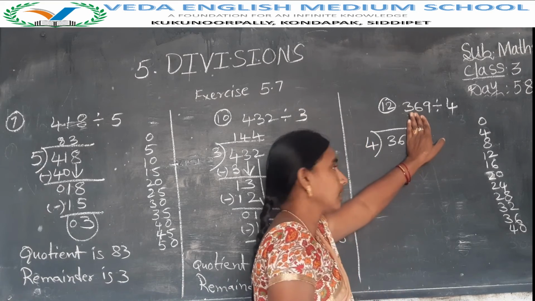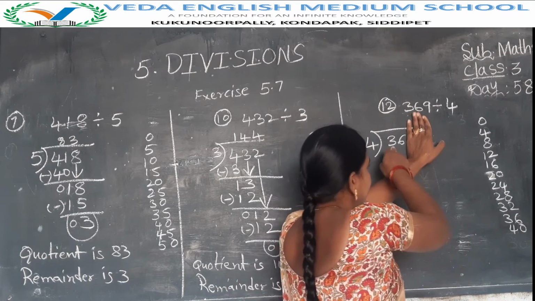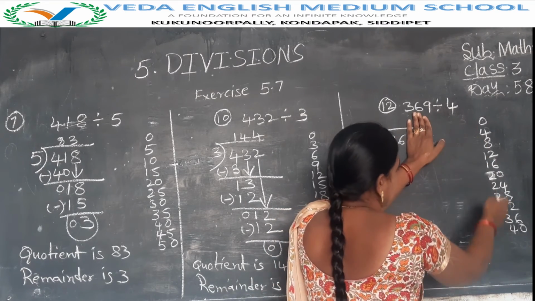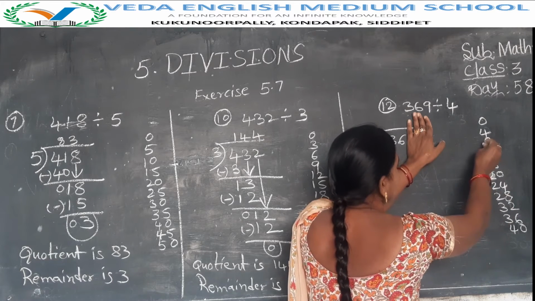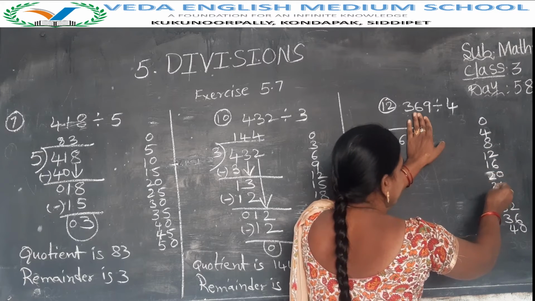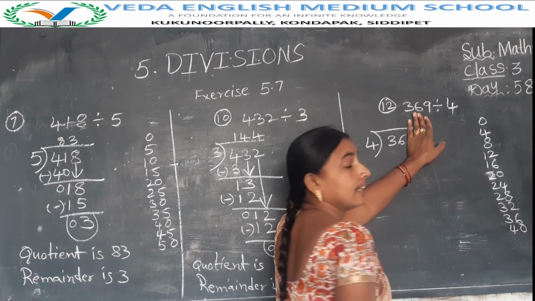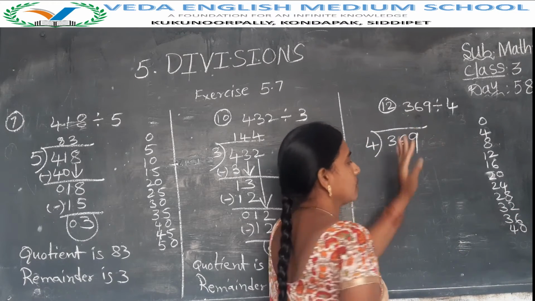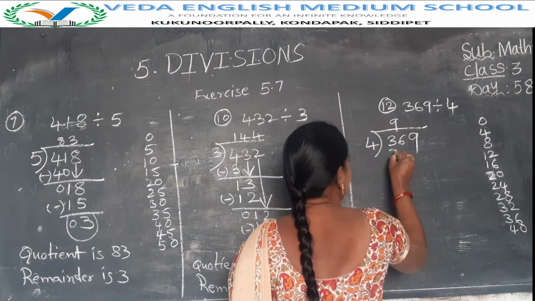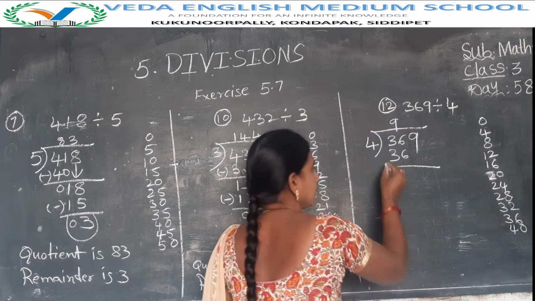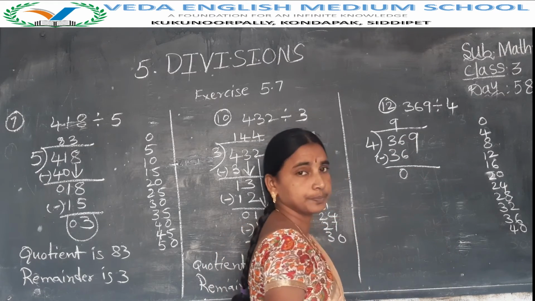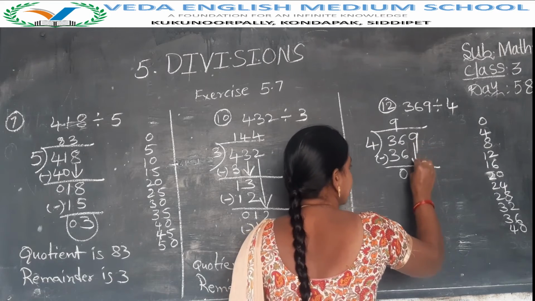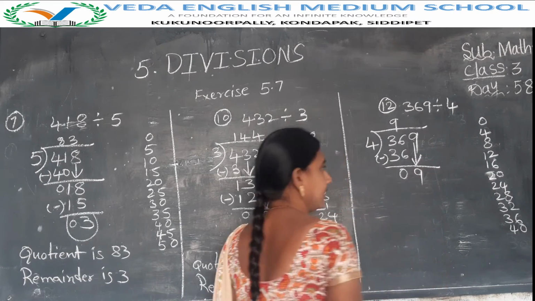Now take the first 2 digits of this problem, that is 36. Find the nearest one. See here, how many times 4 in this table? 1, 2, 3, 4, 5, 6, 7, 8, 9. 9 times 4 is 36. So 4 nines are 36. Now subtract, 36 minus 36 is 0. Bring this digit down, that is 9.